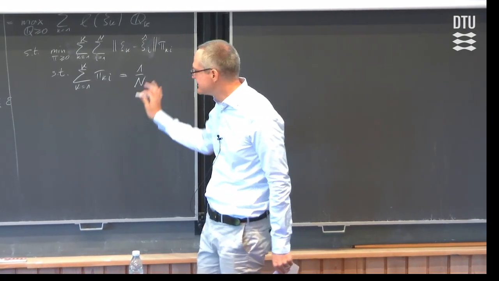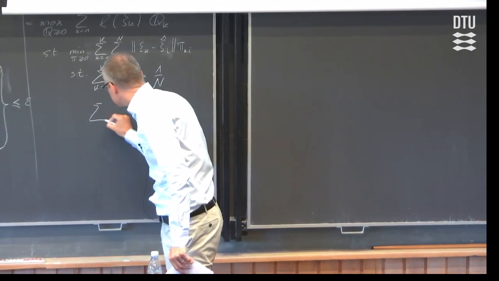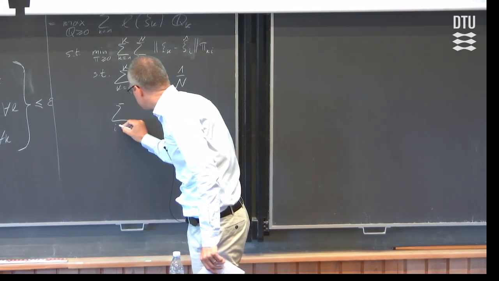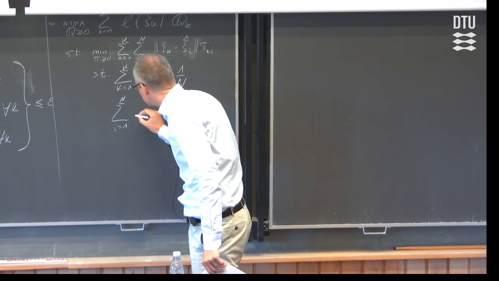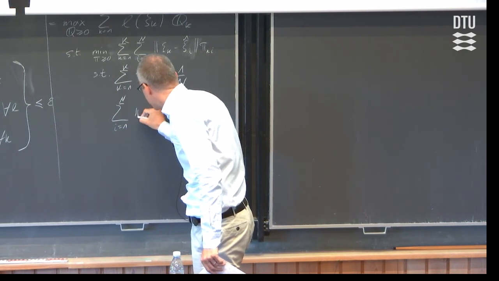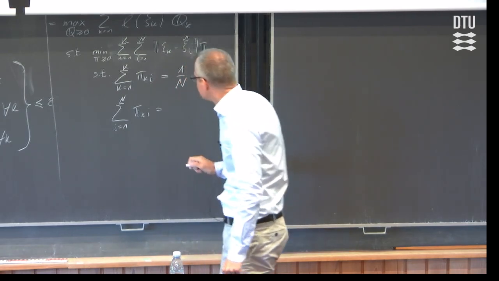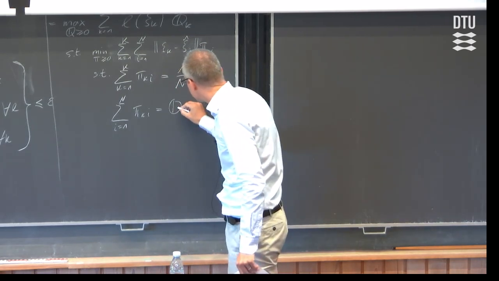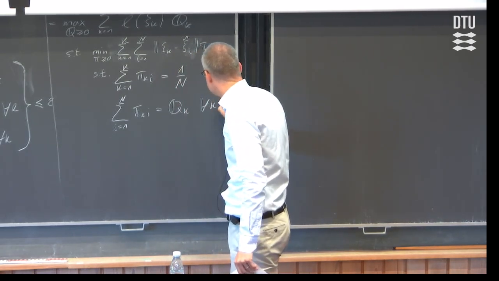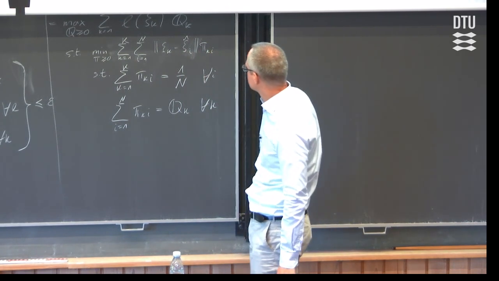Okay? So that simplifies. The other constraint, where I sum over all training samples from i equals 1 to n and look at all the probabilities pi_ki, that sum should still be equal to q_k. That's for every k, and that's for every i.